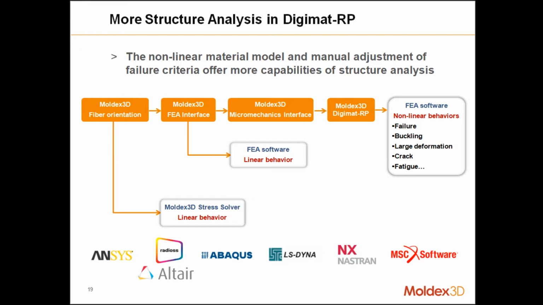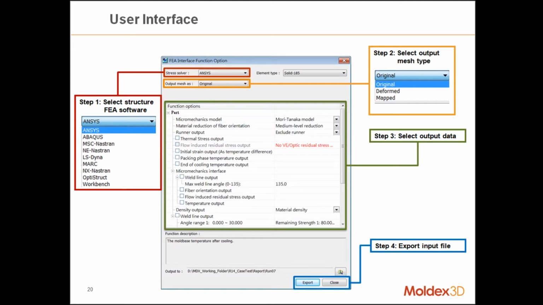But if it involves nonlinear behaviors like failure, buckling, large deformation, crack, or fatigue, in this case, I think DIGIMAT-RP would be a very good solution for you to consider a nonlinear material model.